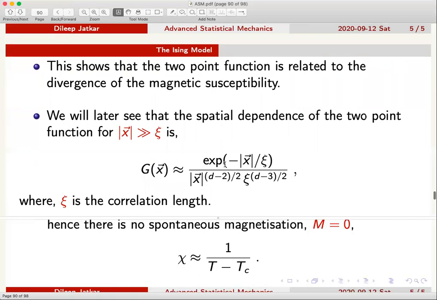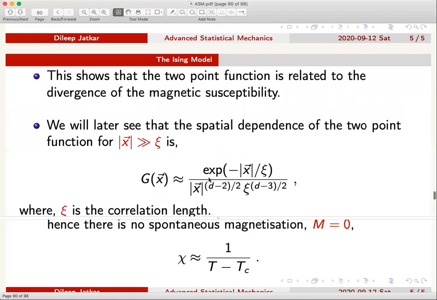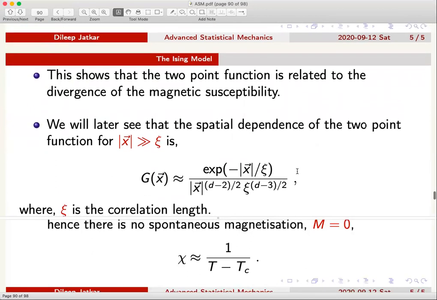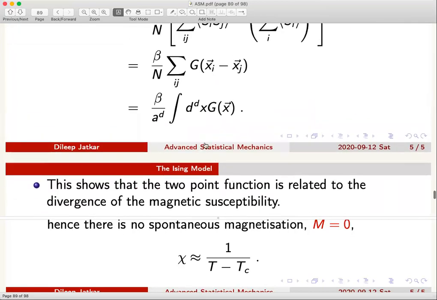Therefore, if you try to integrate g, it is going to give you a finite answer, because the exponential function is going to fall off very rapidly. So contribution from large x's are exponentially small, and at small x's you have this factor sitting around x to the d minus 2 by 2, but you are doing the integral over d dimension, so there is an x to the d minus 1 in the numerator.